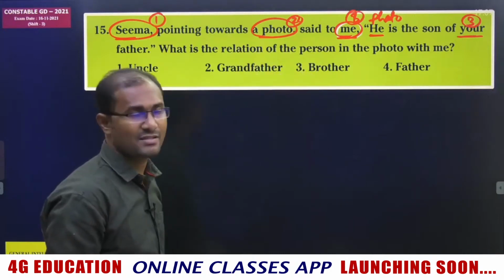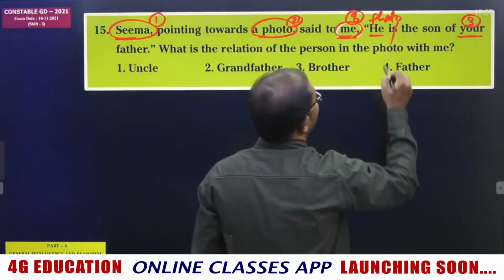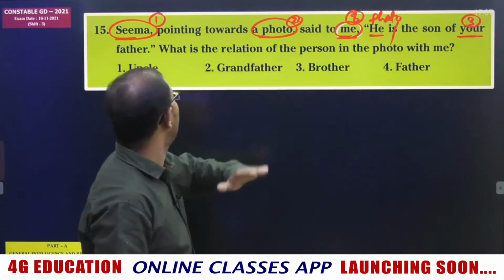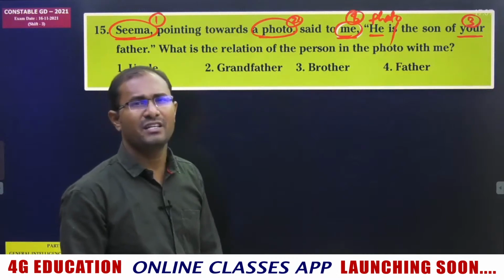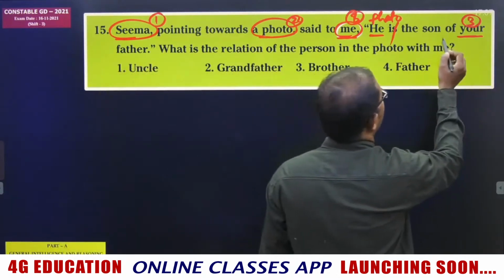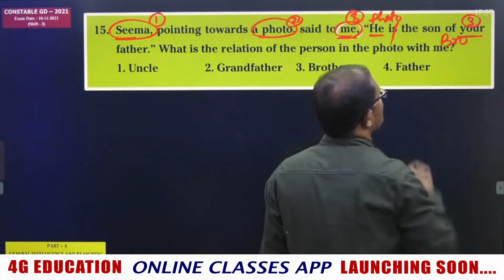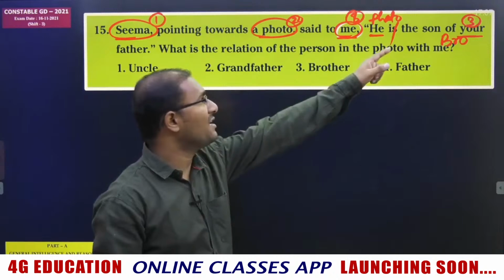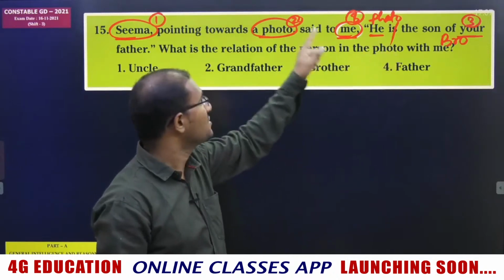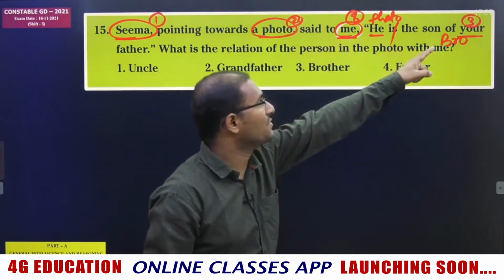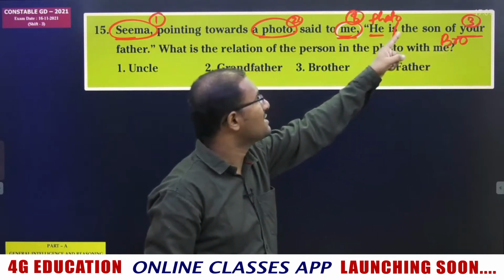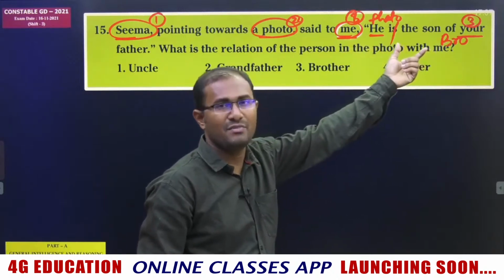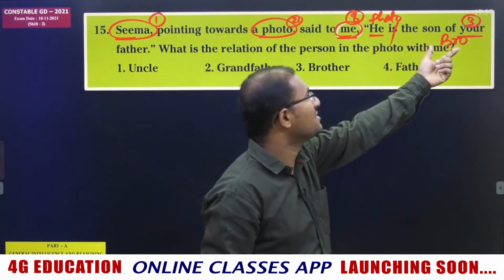How can we take this? Just break the given information at 'is', otherwise at 'of'. The son of your father simply means your brother. Am I right or not? If you imagine the third person in place of the keyword your, the son of the third person's father is nothing but the brother.